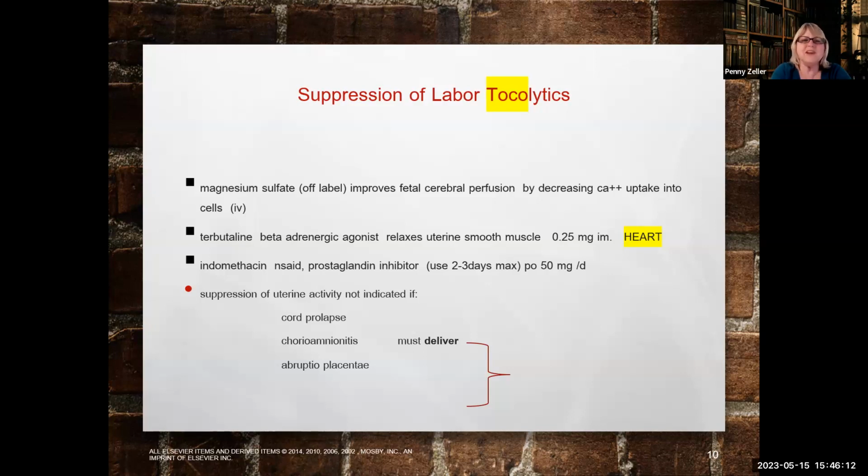Magnesium sulfate is not necessarily a tocolytic, but it will help the uterus relax. And we're giving it for really another reason. Does anybody know why we would give magnesium sulfate for a mother in preterm labor? Thomas Davis is nodding his head.